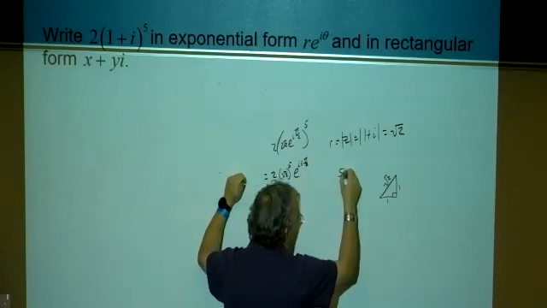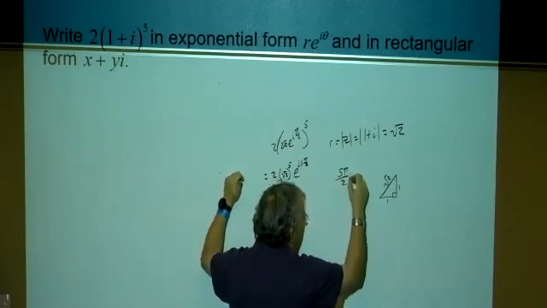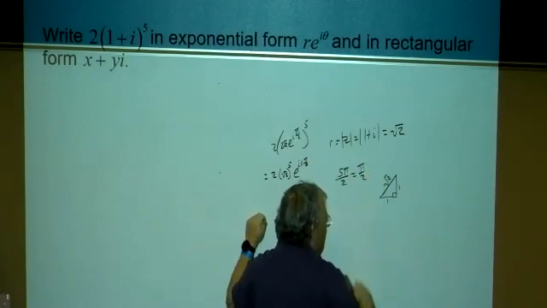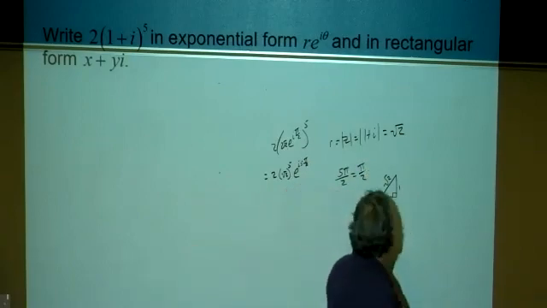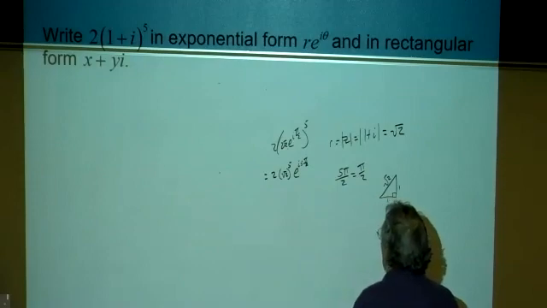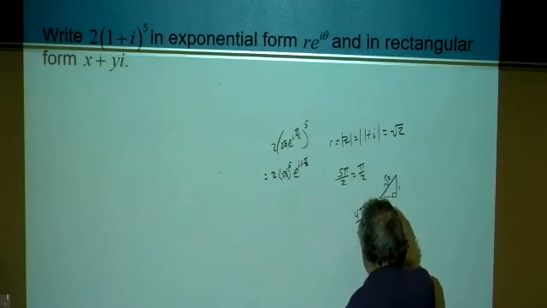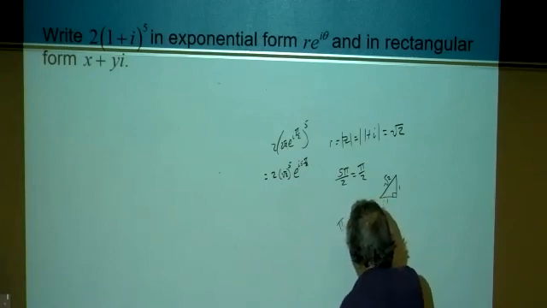And 5 pi over 2 equals pi over 2. Wait a minute, not pi over 2. Yeah. Because 1 complete circle is 4 pi over 2. That's the same as 2 pi. And we're adding this to it.